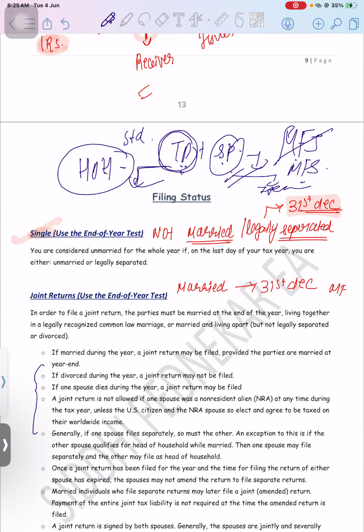Else there will be a loophole: they take the highest standard deduction, and being MFS, she takes the highest itemized deduction. They won't claim itemized deduction on the taxpayer's return, they'll claim it on the spouse's return. So this was a loophole. So they say that if the taxpayer is claiming standard deduction, the spouse will also claim standard deduction. Okay, being MFS, you have to check what the taxpayer is claiming. The same thing the spouse will be eligible to do.